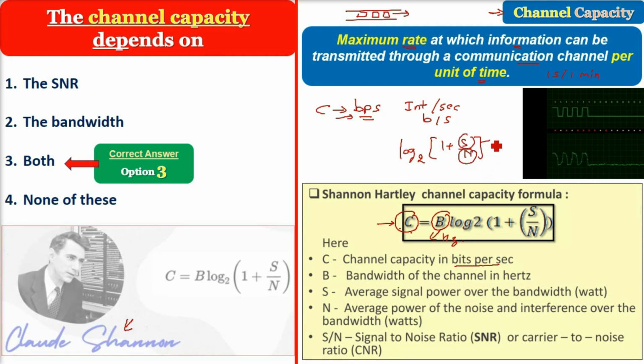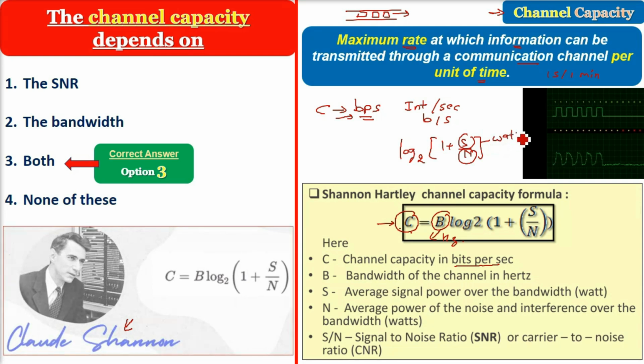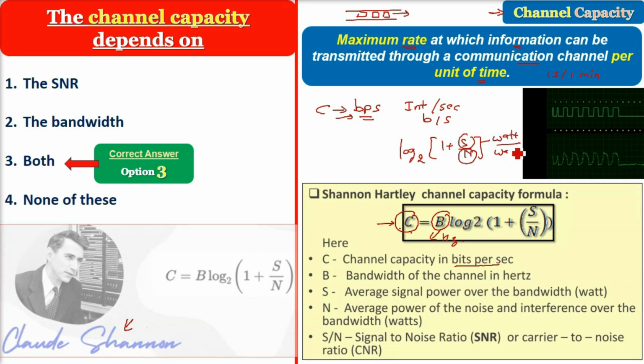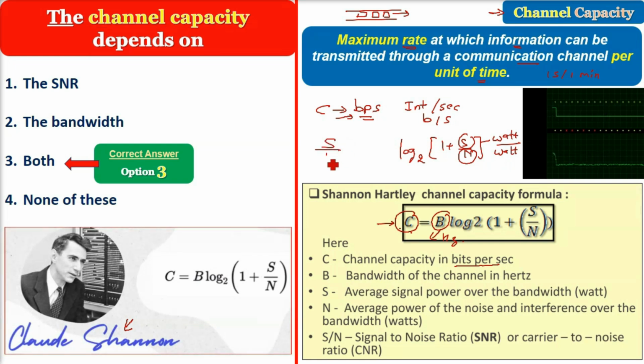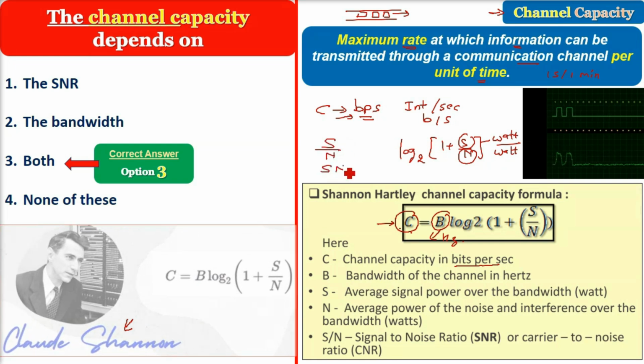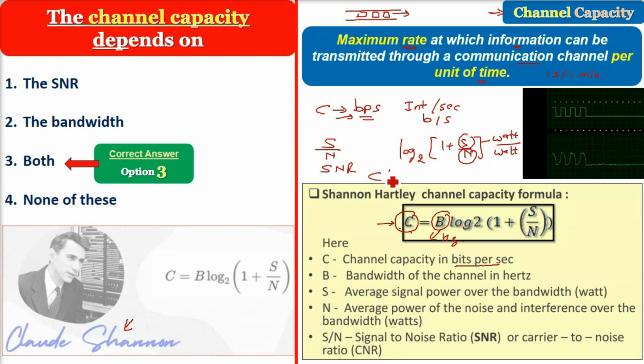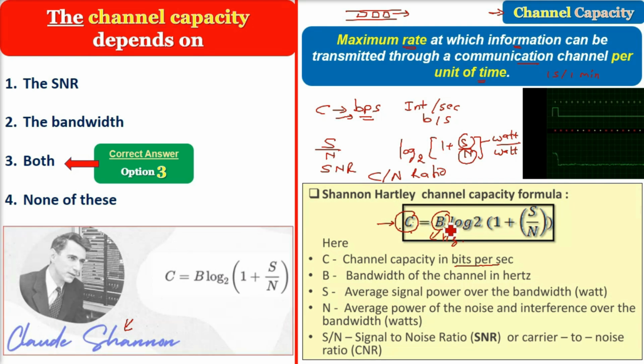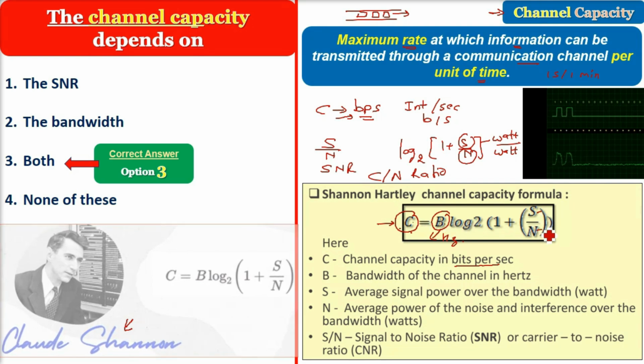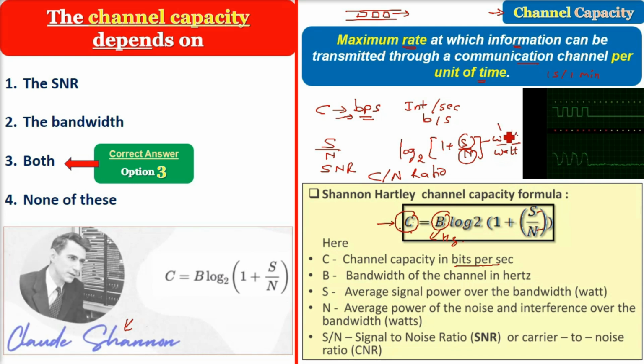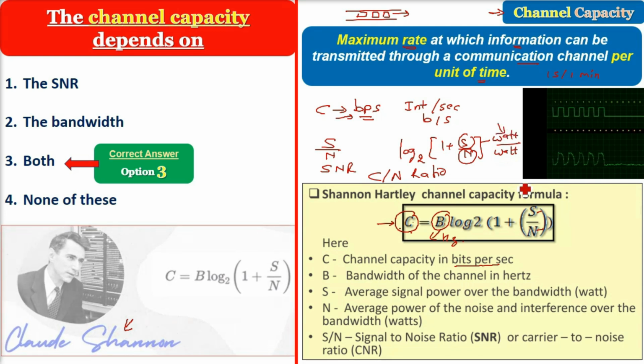And S is the average signal power over the bandwidth, again in watts. We call it the signal to noise ratio, or carrier to noise ratio, SNR or CNR. So C will be in bits per second, B will be in hertz, and S by N is a dimensionless quantity, the SNR.